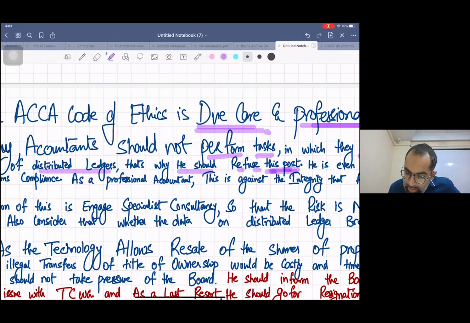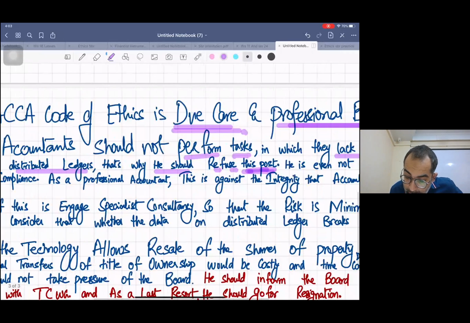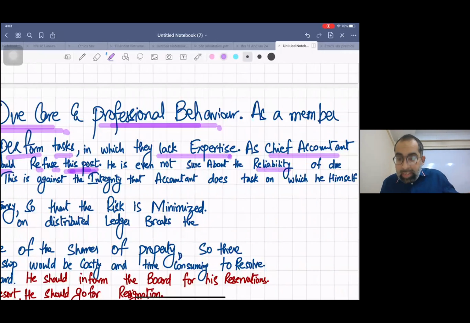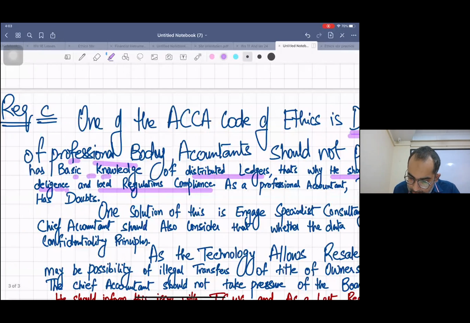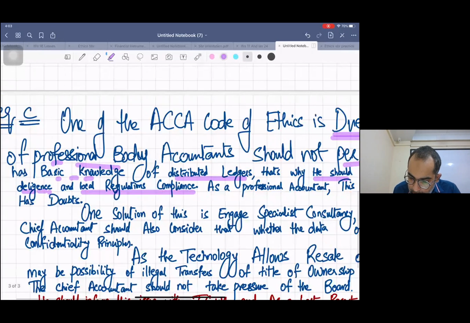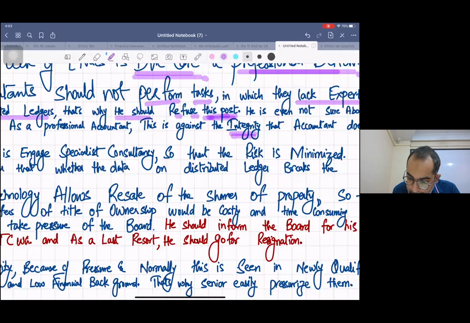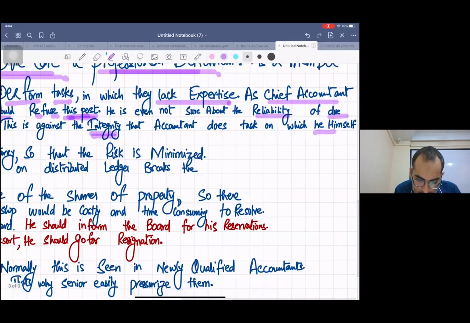Now he is even not sure about the reliability. One more issue, he is even not sure about the reliability of due diligence and local regulations compliance, the law things. As a professional accountant, this is against integrity that an accountant does tasks on which he himself has doubts.